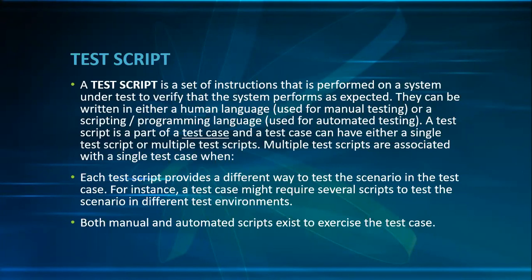Pre-prod is pre-production environment, before it's moved to production, which is the live environment. So we start from test environment to UAT to pre-prod, then to production itself. Some organizations might have more environments. Both manual and automation scripts exist to exercise the test cases.